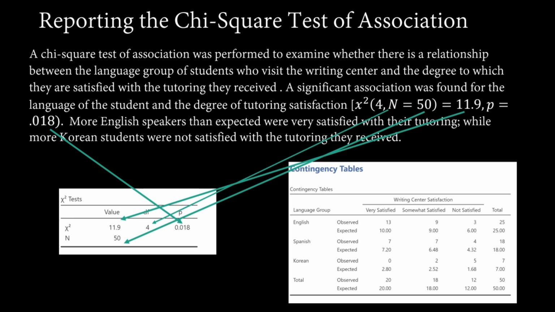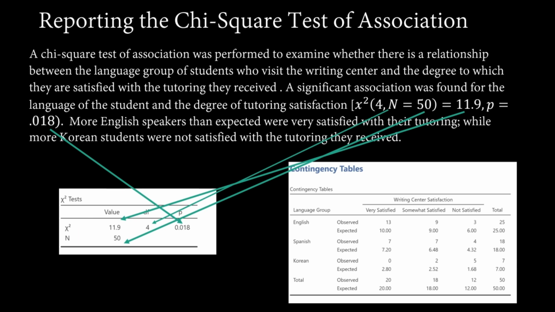A significant association was found for the language of the student and the degree of the tutoring satisfaction. Chi-square, 4 degrees of freedom, that's the first number. N, the sample size, was 50, 11.9 was the chi-square value, and it was significant at 0.018. That's basically what you need to report for the chi-square.